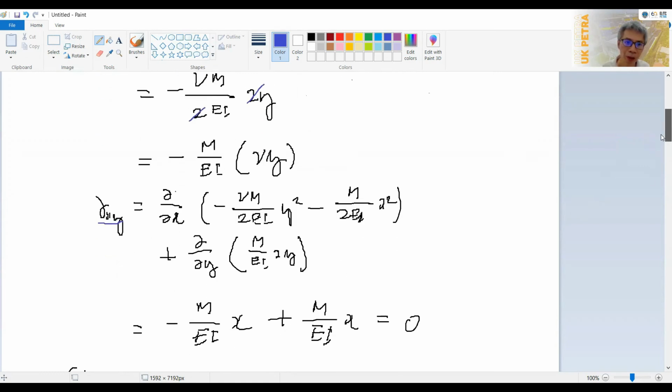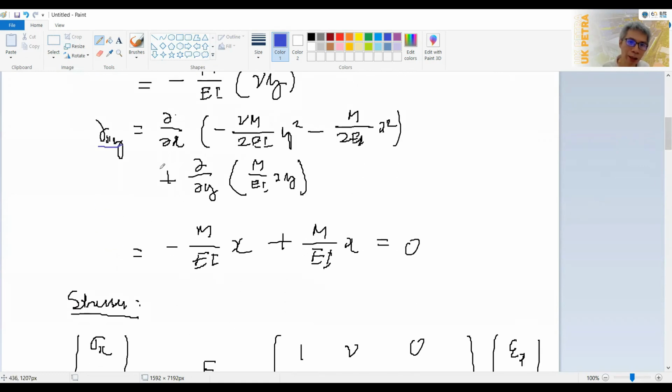And then the shearing strain gamma xy is the partial derivative with respect to x of v, and then the partial derivative of u with respect to y. The result of this one, this is x, so there is no contribution from the first term, only the second term.